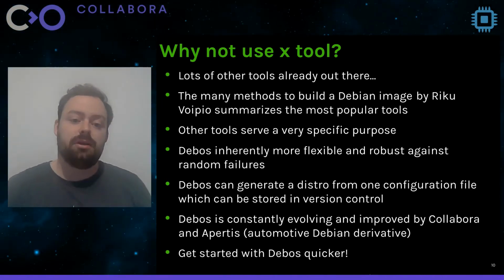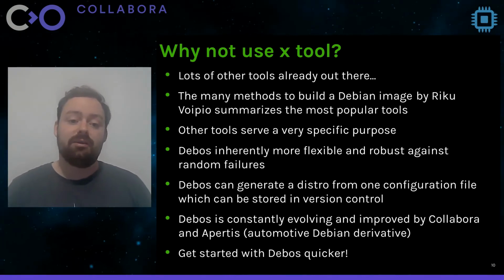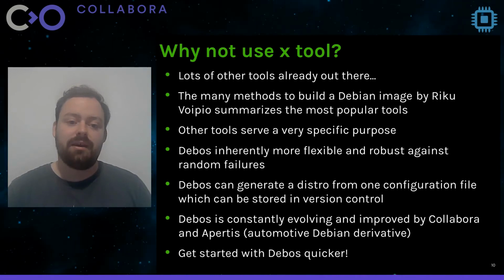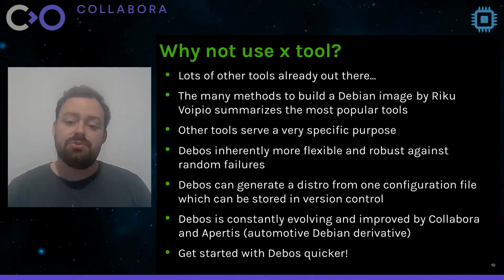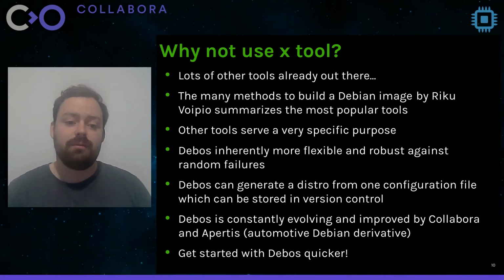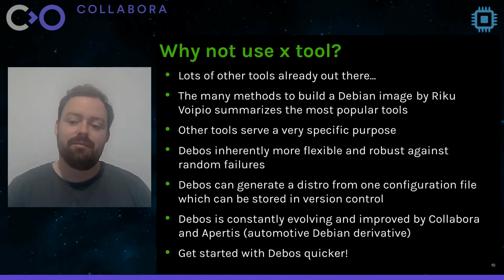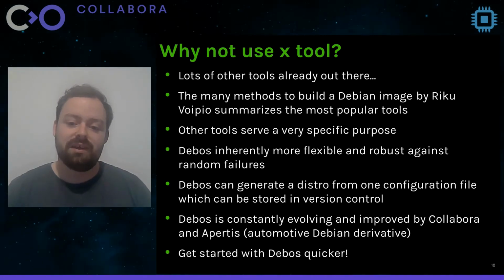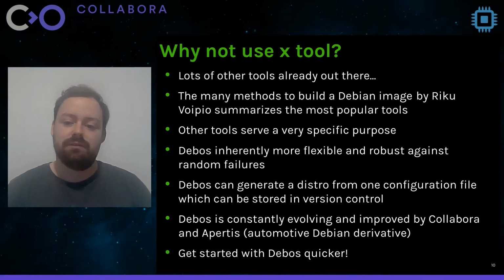So at the time I was looking at creating a BeagleBone Black image, and I couldn't create an image using Spindle for that without a lot of hacking. So these other tools also have random failures, which we call it. Debos is inherently a lot more robust against these failures, and it's also a lot more flexible than these other tools that serve very specific purposes.